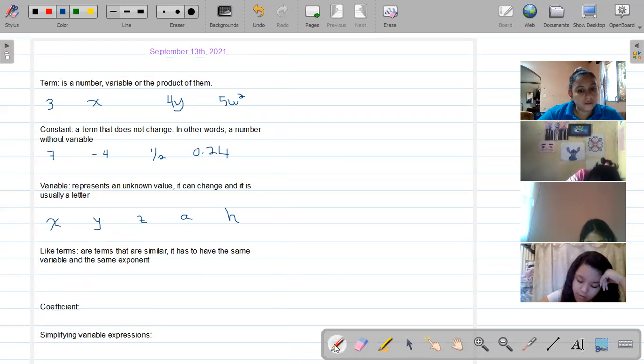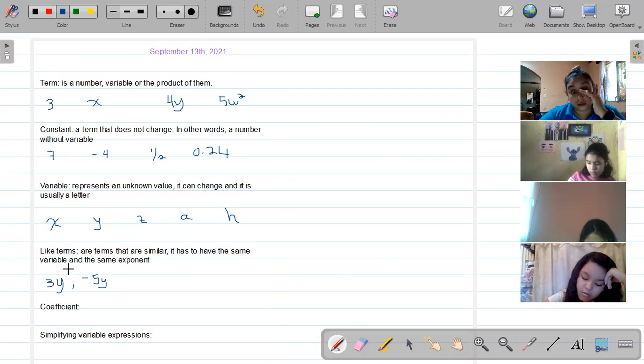So for example, 3y and negative 5y, those two are like terms. They have exactly the same variable and each variable has an exponent 1, okay?